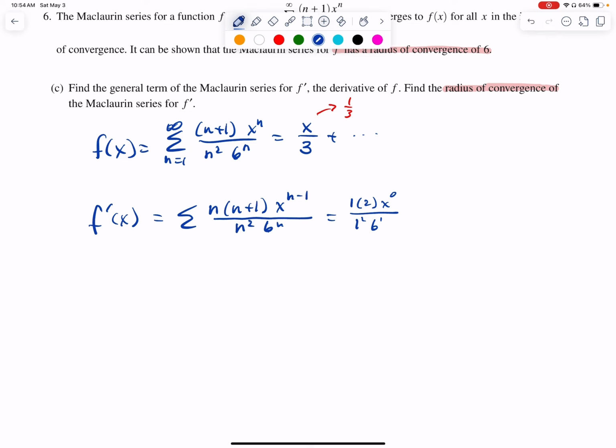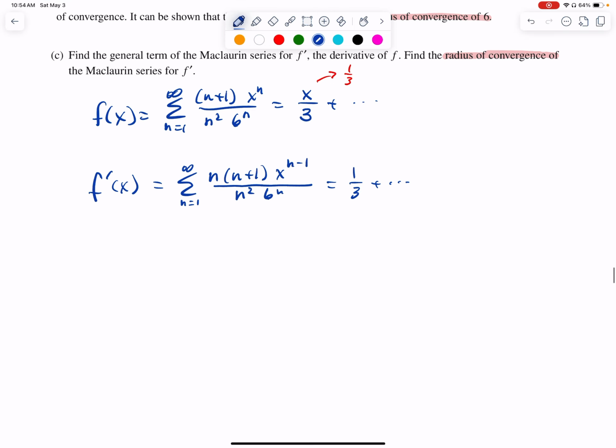And of course that's 1. 2 over 6 is going to be 1/3. So yeah, that's 1/3, which is the first term that we expected it to be. So 1/3 plus so on. So this does start at n equals 1 to infinity. All right, so I do believe that we just found f prime of x.